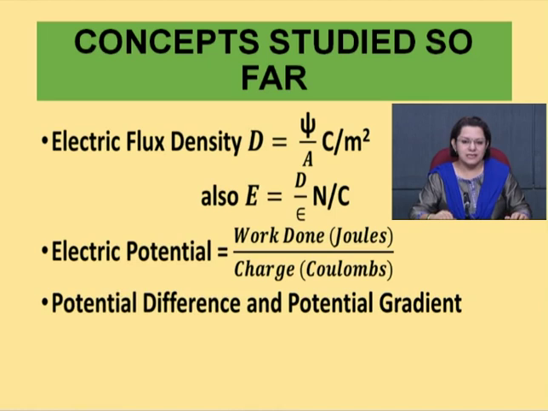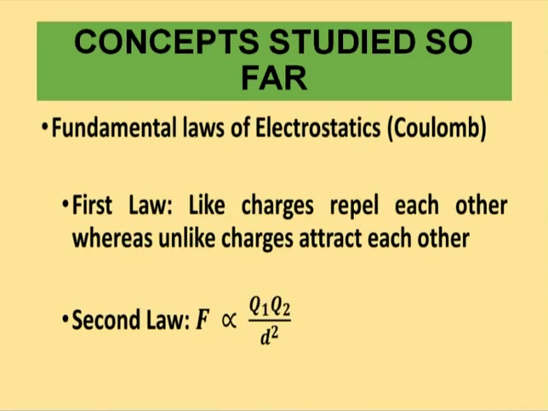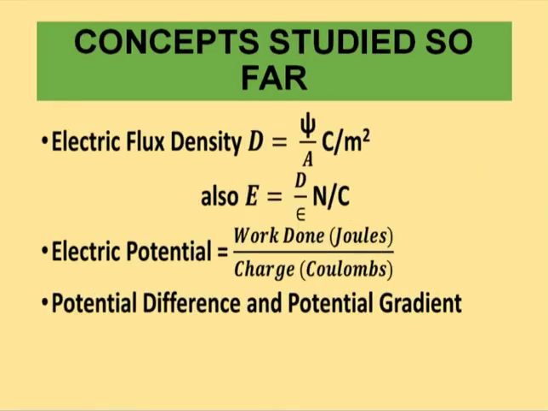In the earlier slide, we mentioned the equation E is equal to Q upon epsilon A. Now, according to this definition, E is equal to the flux density divided by the permittivity of the medium.